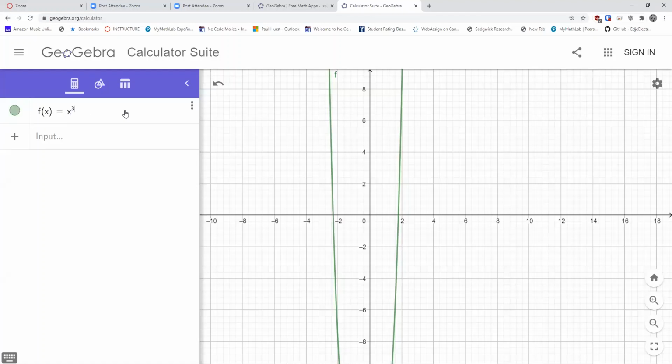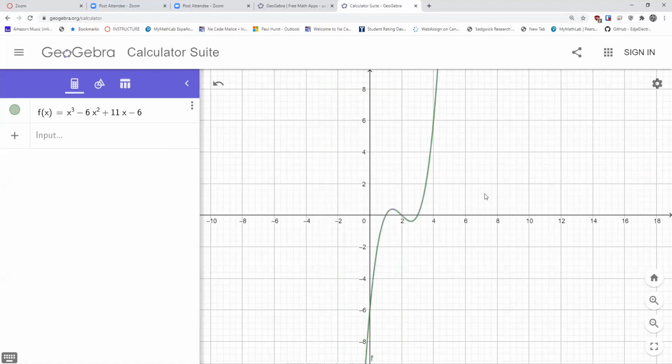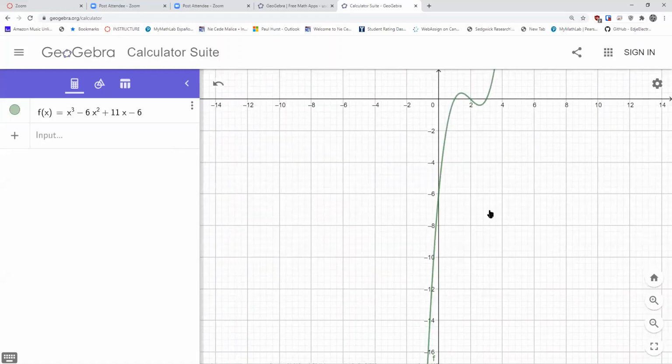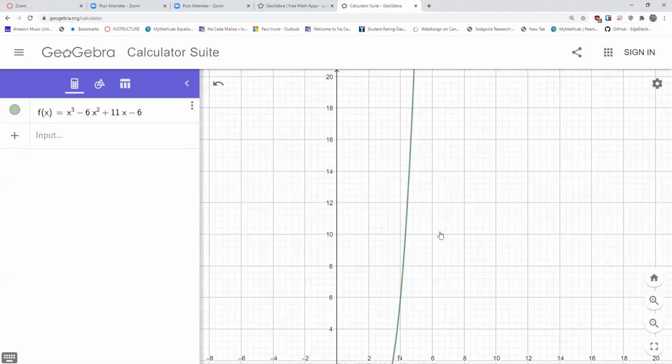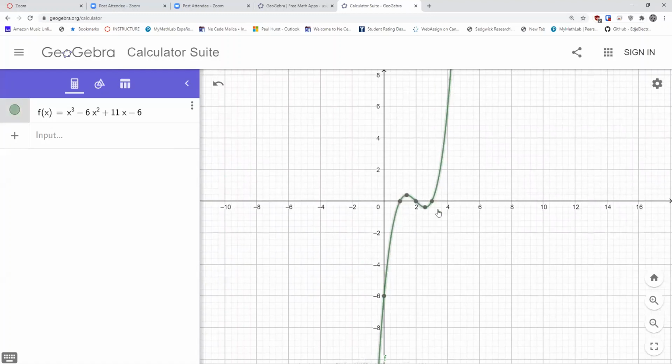This is x to the third minus 6x squared plus 11x minus 6. Hit enter. Okay, so this one, it pretty much is like this. And remember, we're looking for on or below the x-axis.